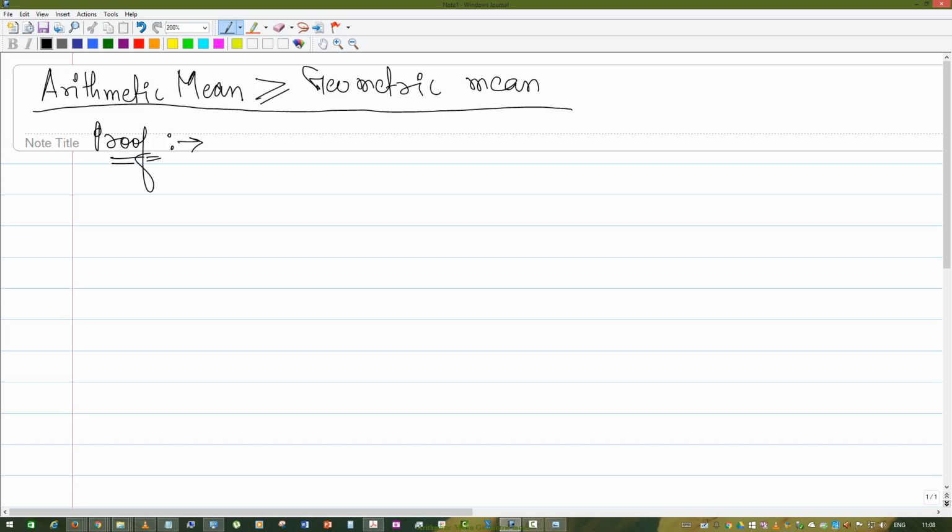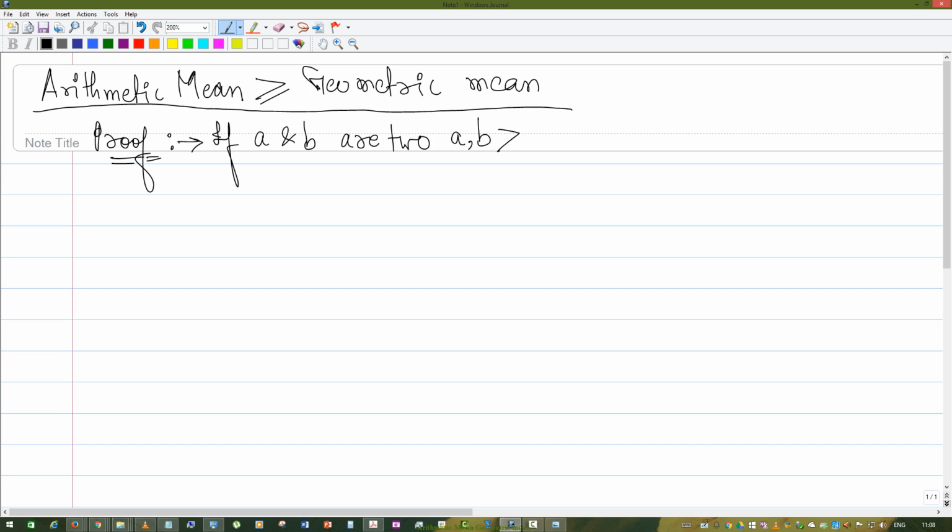So suppose A and B are two non-negative numbers. A and B can be 0, but we rather would not take 0 because that will bring us to a very trivial result.